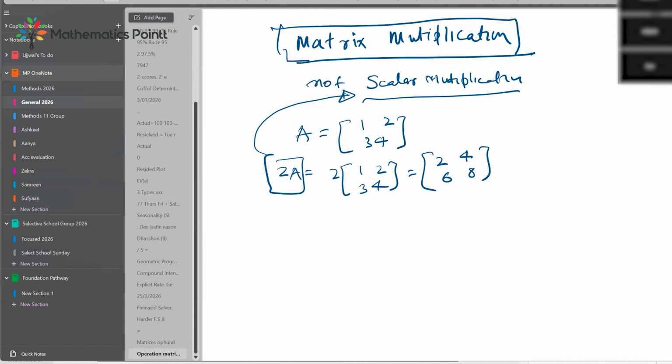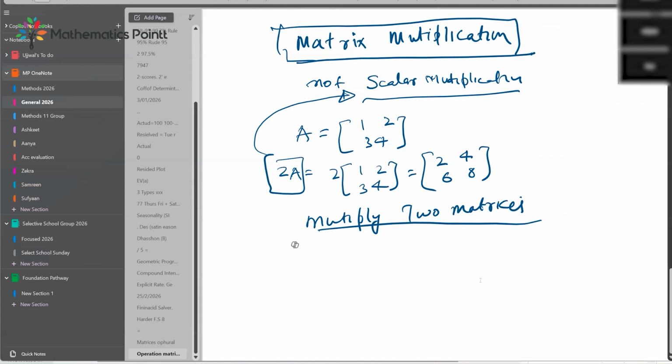But when I am talking about matrix multiplication, I am going to multiply two matrices themselves.